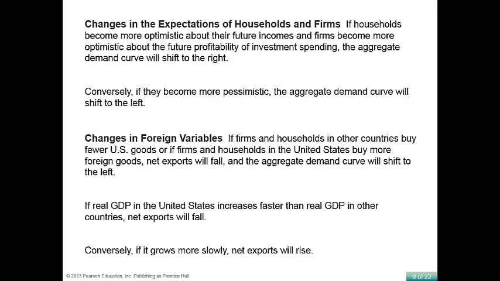If real GDP in the United States increases faster than real GDP in other countries, net exports will fall. The reason? The income levels in that foreign country and the price level of U.S. products will not be a good match, meaning the prices will be high and the incomes will be too low to purchase, and vice versa.